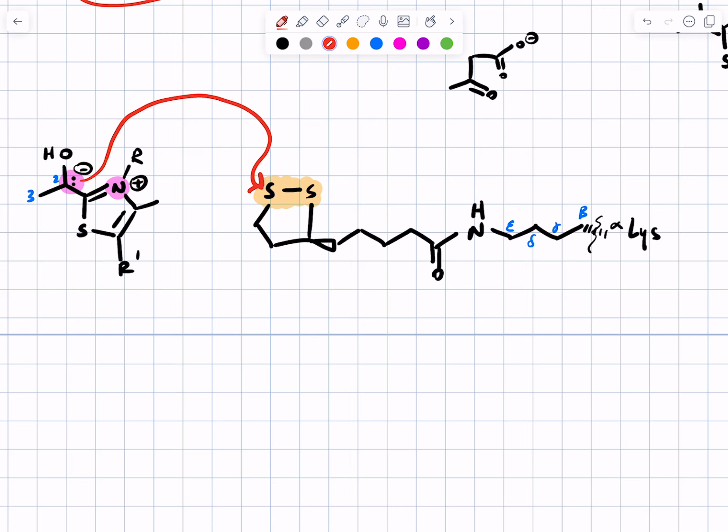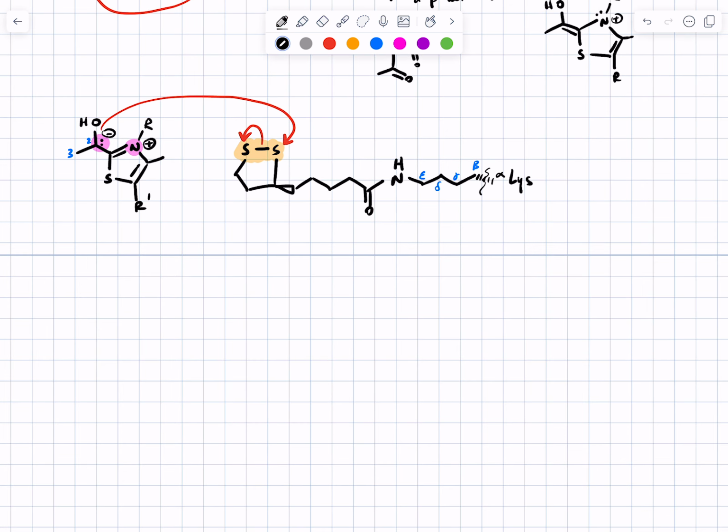And I think it's sort of questionable which of the two it attacks. It may not matter. I'm going to draw what my notes show. My notes show attacking this one and then electrons going out onto the sulfur.